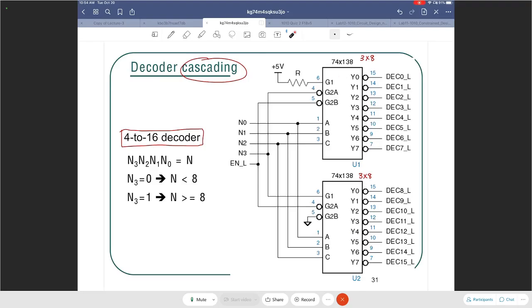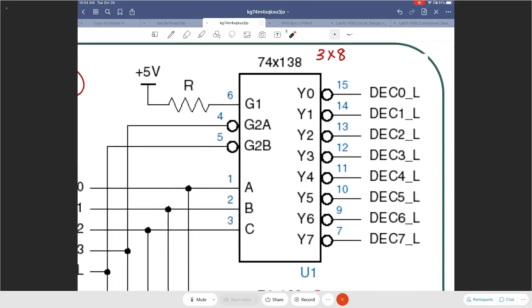If I zoom in on this, G is connected to high using a pull-up resistor. So that's good. That enable signal is already active. So this is fine.